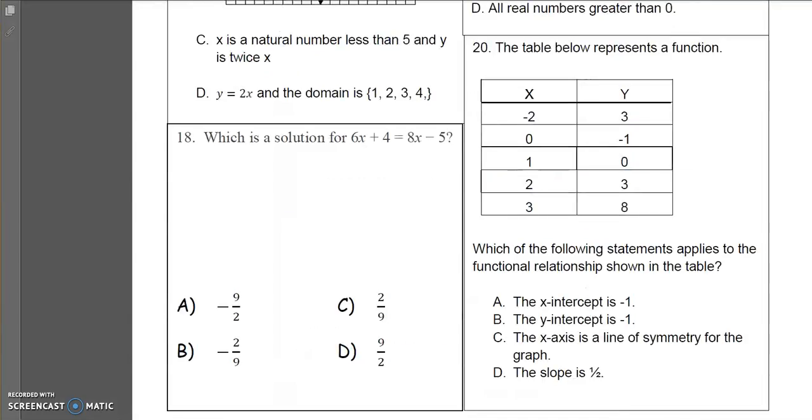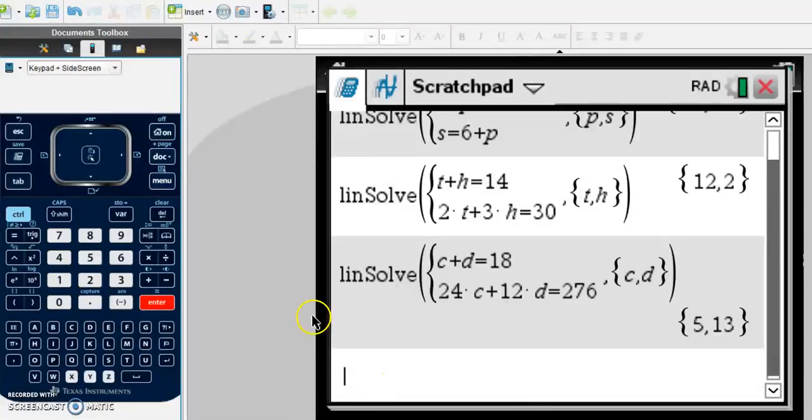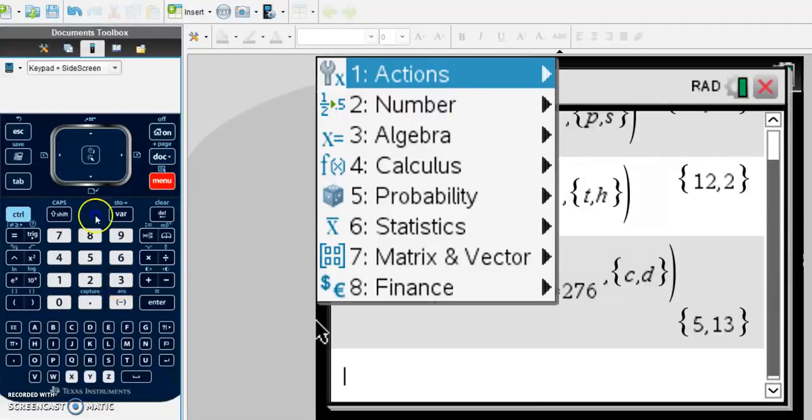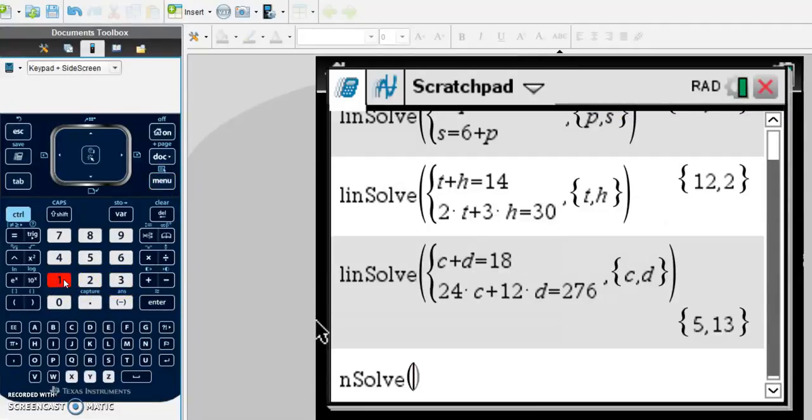18 says, which is a solution for 6x plus 4 equals 8x minus 5? We can go straight to our calculator and type that into InSolve. So we are going to do menu 3, 1, because it is one equation. So let's type that in. It was 6x plus 4 equals 8x minus 5.